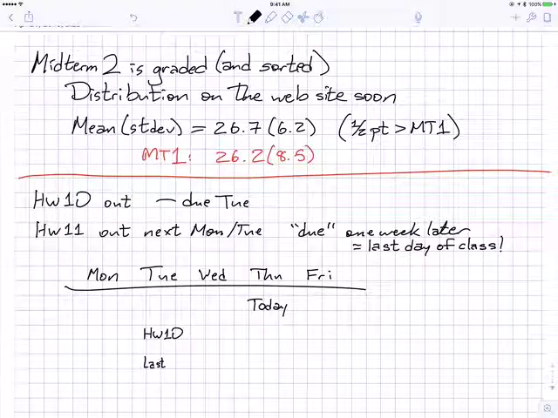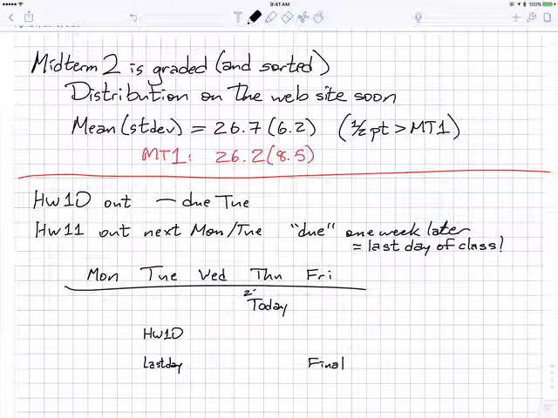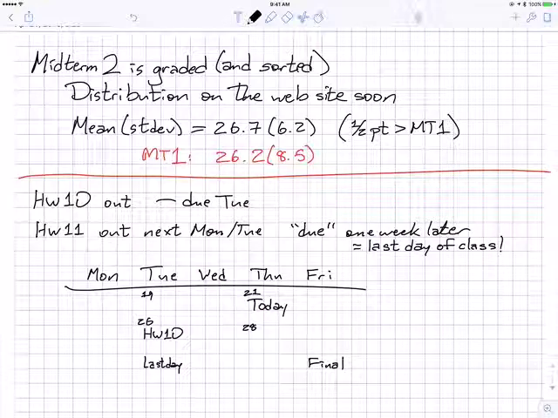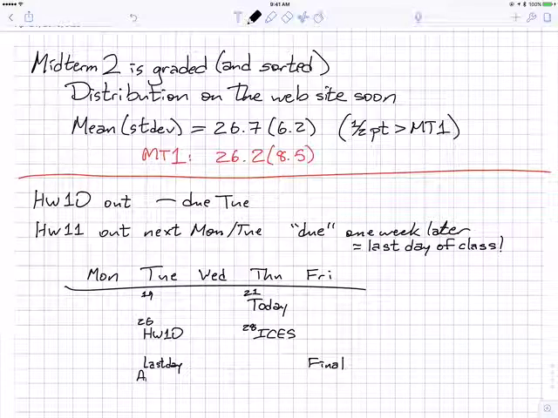This is the last day of class, and the final exam is that Friday. On the 28th, at the end of class, I will distribute ISIS forms. The last day of class will be entirely, do you have any questions for me?